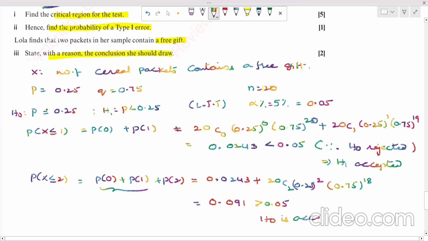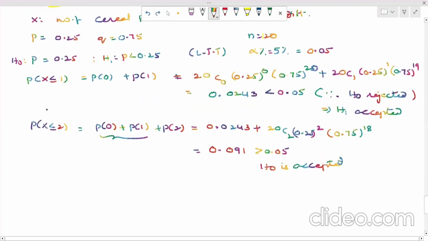So we are getting the rejection at X less than or equal to 1. So P of X less than or equal to 1 is the critical region, which means X equal to 1 is in the critical region.